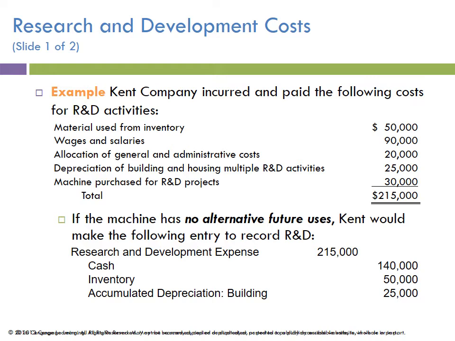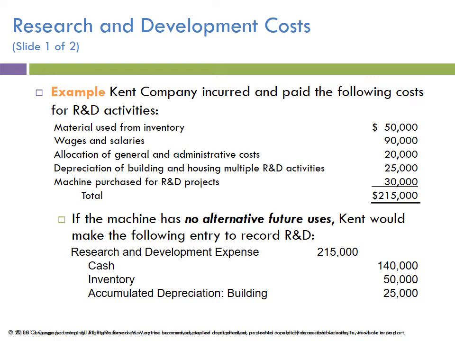They would credit cash for $140,000: the wages and salaries, the machine purchase for R&D projects, and the allocation of general and administrative costs. They would credit inventory for the amount in inventory that they used, and they would credit accumulated depreciation for the building housing multiple R&D activities.